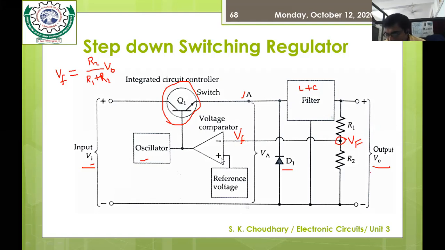This error voltage is then compared with the oscillator output, passed through a PWM circuit, the pulse width modulator circuit, and fed to the base of the transistor or switch.